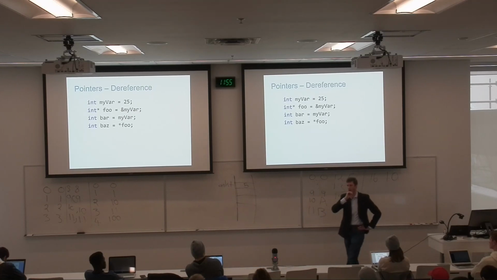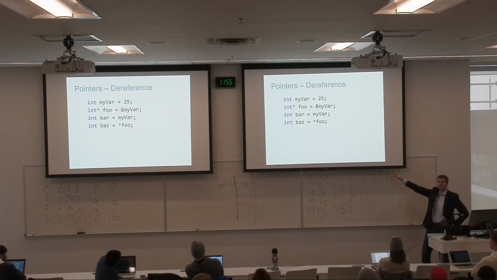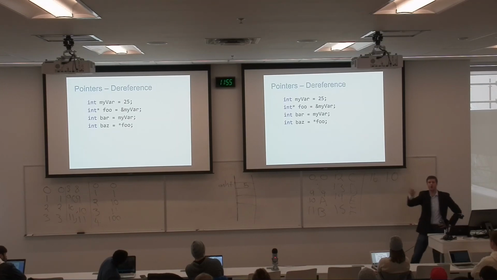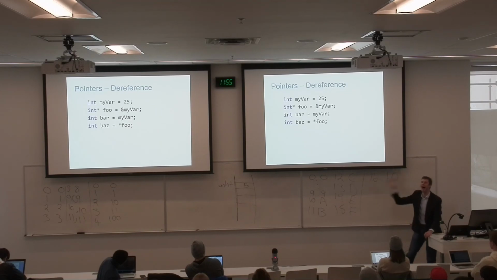Okay? Does var change? No. Because it copied over the contents, and that contents is independent, it's separate. But what will Baz become? 0. Why? Well, because what's at foo? Well, it was 0 because I just changed what was at memory location 1776.